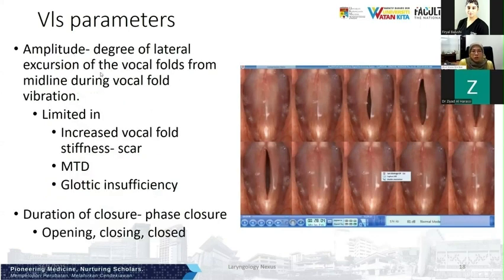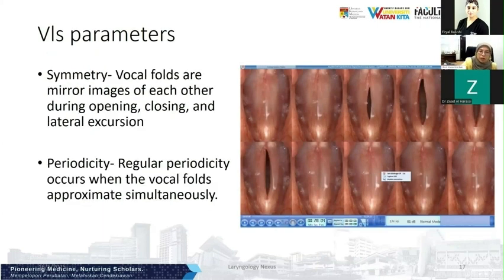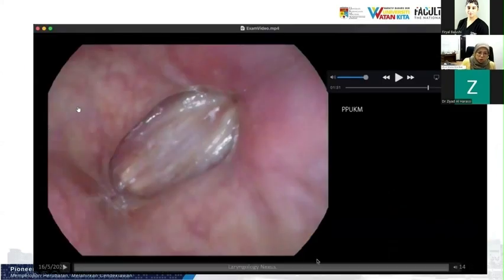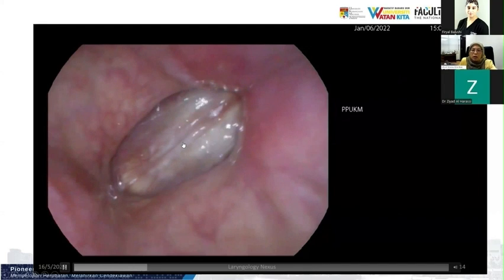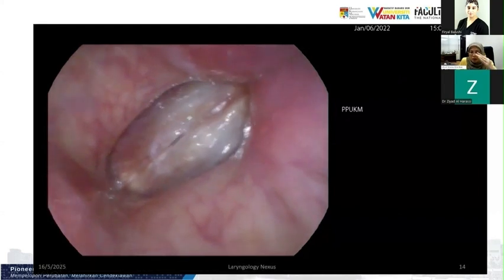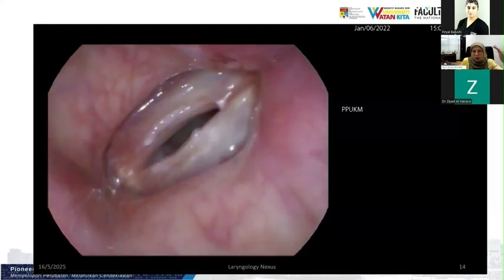Now we look at the amplitude. For amplitude, you assess the vocal fold, how much is the excursion of the vocal fold, the mucosal wave, from midline to lateral. So let us go back to the video that I've shown just now. This is the vocal fold in the midline, and look at this vocal fold, from midline there is an excursion slowly laterally.